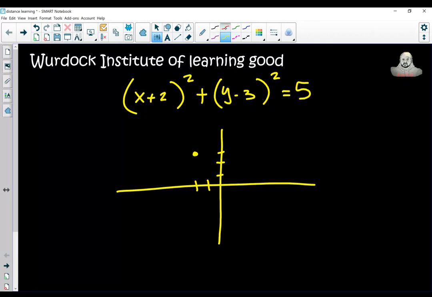And I try to envision moving out from this spot, 5 units in every direction. So 5 units in this direction would be out here. 5 units in this direction would be about here. 5 units up and 5 units down. And so now I have that same circle. It's just moved to a new location. It's supposed to be a 25, by the way.